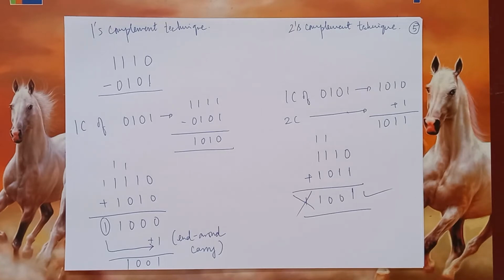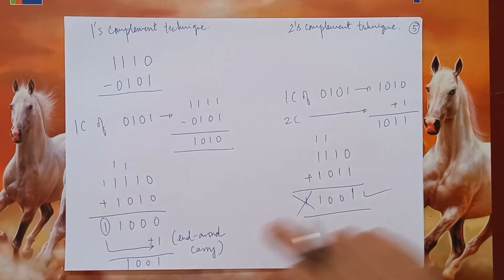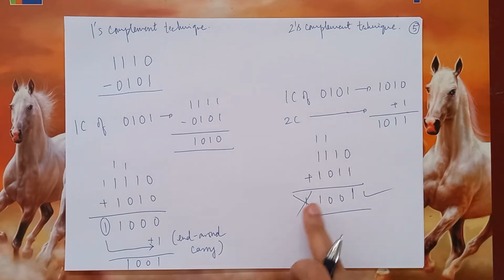Now, notice that there is an extra carry bit in case of both 1's complement and 2's complement. Of course, in the case of 1's complement, this extra carry is utilized as an end around carry, and in case of 2's complement, this carry is just ignored.